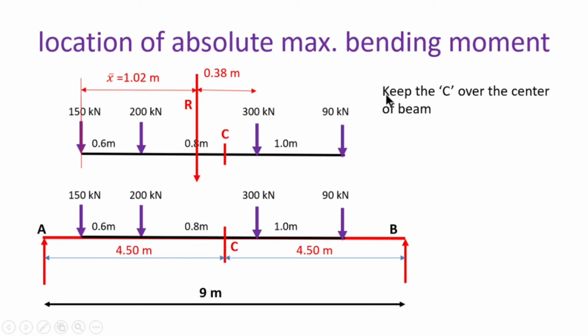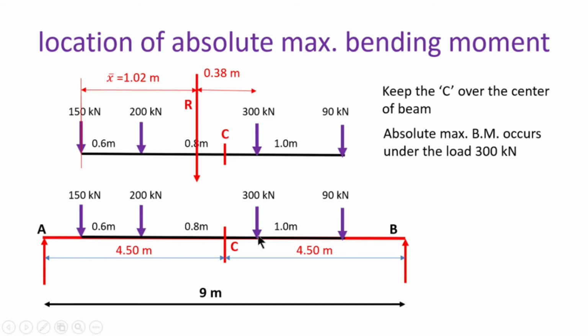Now where is the absolute maximum bending moment? We already told in the last step that the absolute maximum bending moment occurs under the 300 kilonewton load, the load which is nearest to the resultant. So this is the final position of the loads.